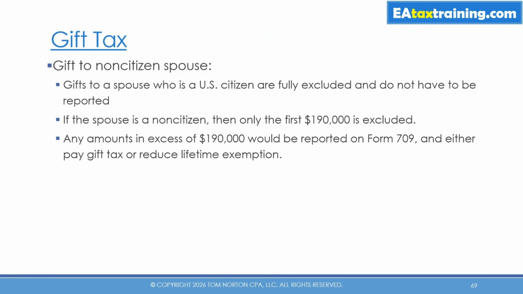Any amounts in excess of $190,000 would be reported on the Form 709, and then you either pay the gift tax or you reduce the lifetime exemption. So this is for any non-citizen spouse, even if they are a resident alien. Doesn't matter. If they're a resident alien, a non-resident alien, or a dual status alien, it is a $190,000 exclusion.